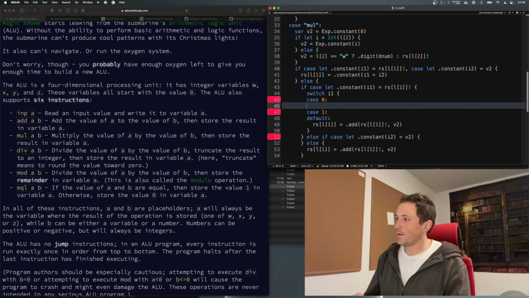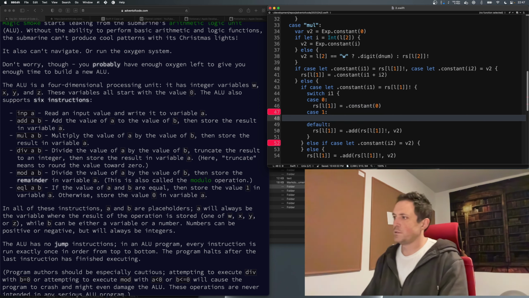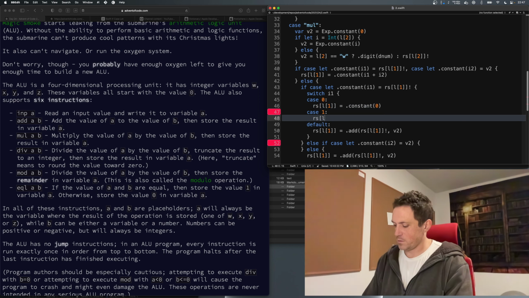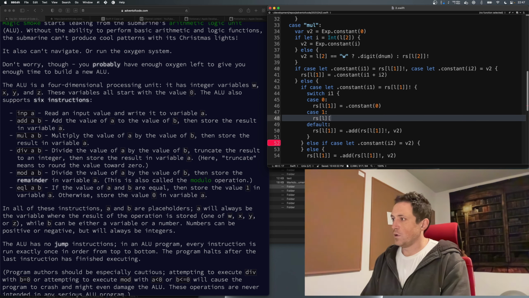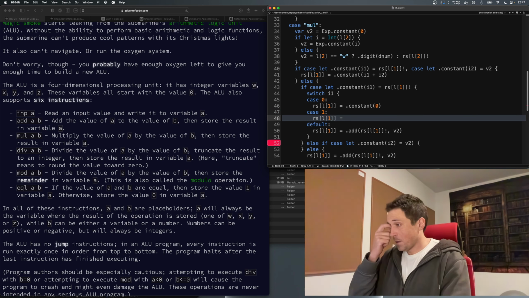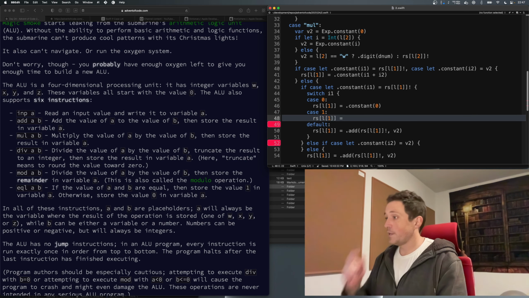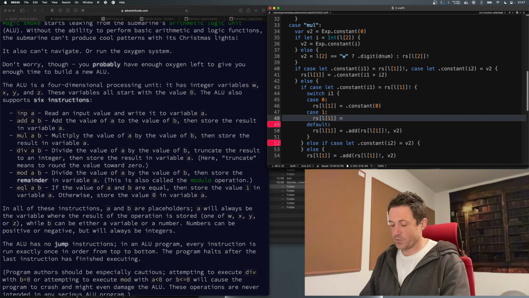Okay, then RSL1 L1 and it gets whatever the v2 is, right?